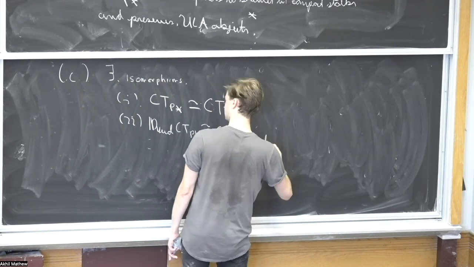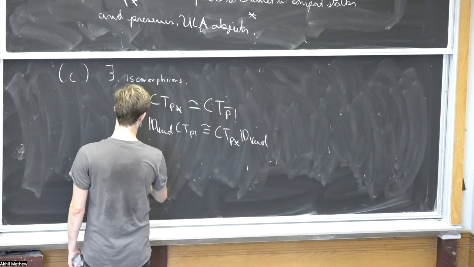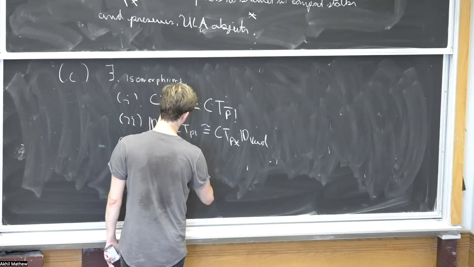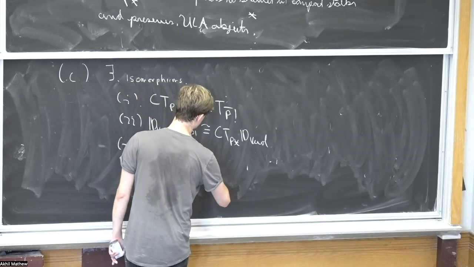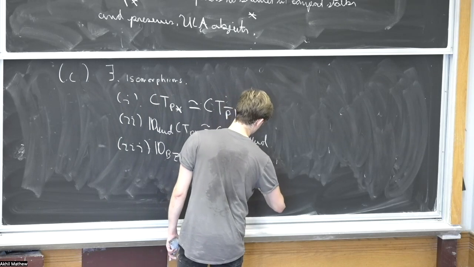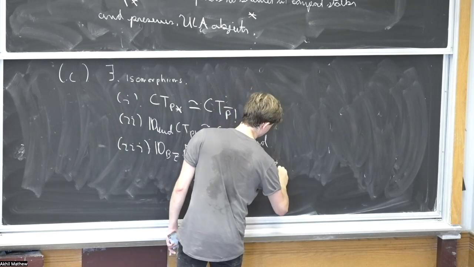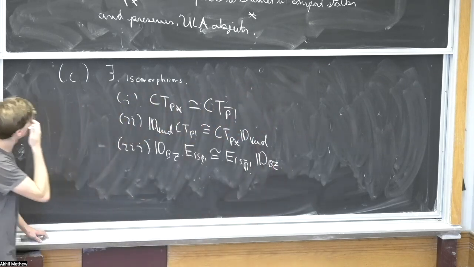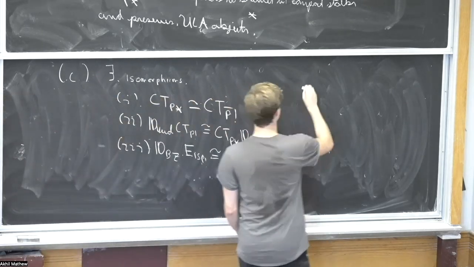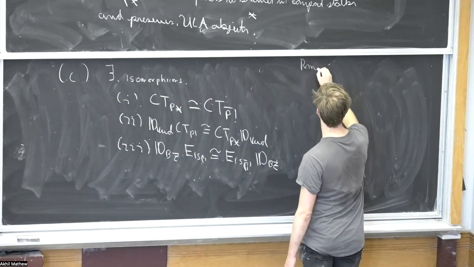And this Verdier duality will interchange this ISP shriek with ISP bar star, the Bernstein-Zelevinsky dual. And let me maybe just make one remark about what this is good for.